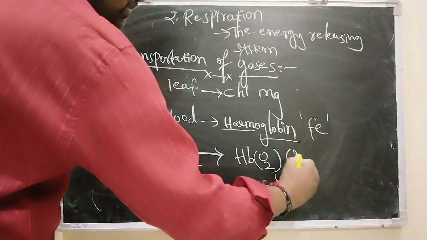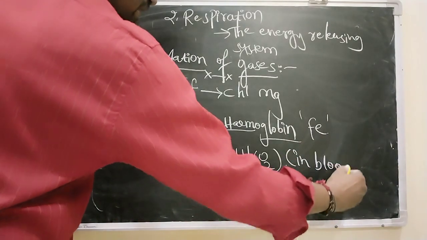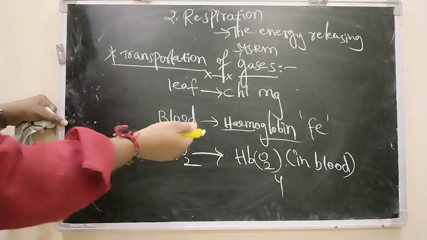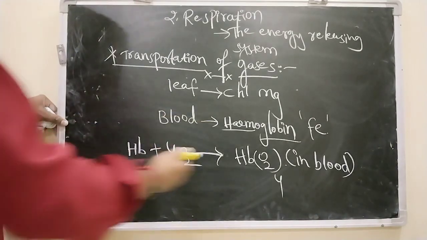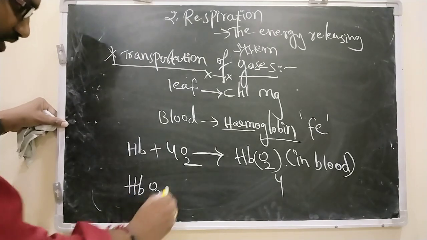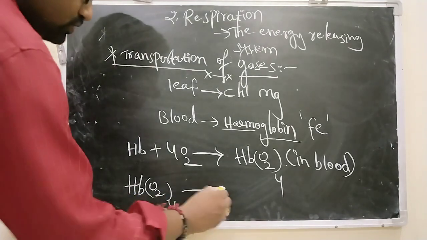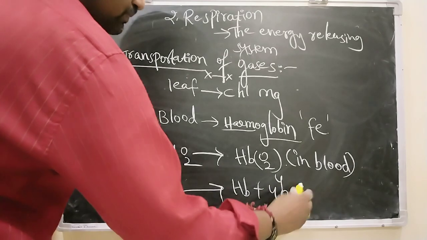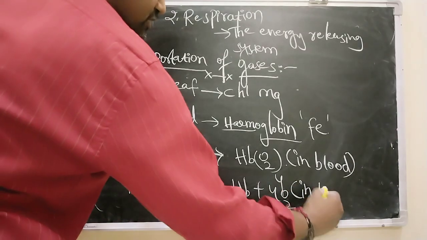This is the process occurring in blood, and the process may also be reversed. HbO2 taken 4 gives rise to Hb plus 4O2. This is in the case of tissues.